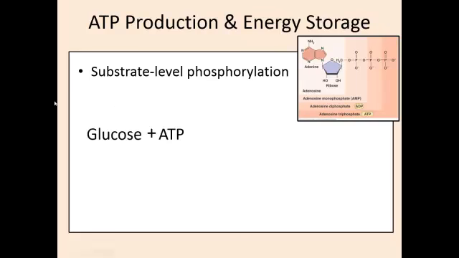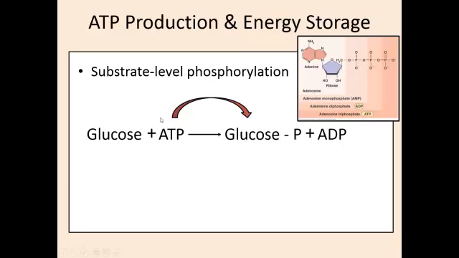So let's take an example from glycolysis, which we're going to be talking about in the next topic, where we take glucose and we take ATP and we move a phosphate group from ATP to the glucose, just like that. So the glucose has been phosphorylated, and it is a substrate.